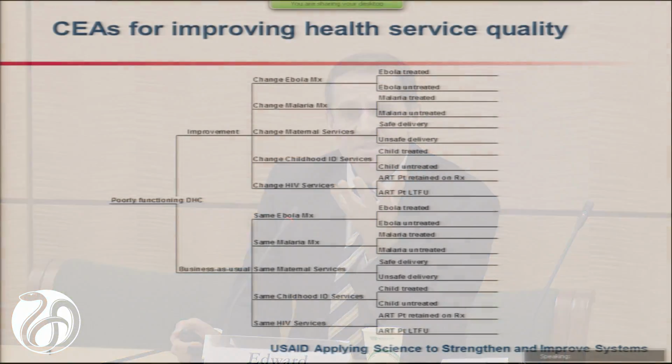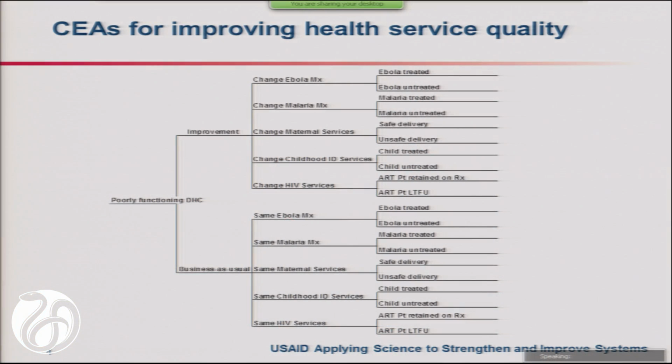In improvement work, it's quite a bit different. In some ways, the basic principles are the same, but it gets very complicated very quickly, because let's say the USAID mission in Liberia asked one of the implementing partners to do some work on improving the quality of care in Liberia, in places that are affected by the Ebola epidemic. Then that improvement work would affect, of course, the response to Ebola.